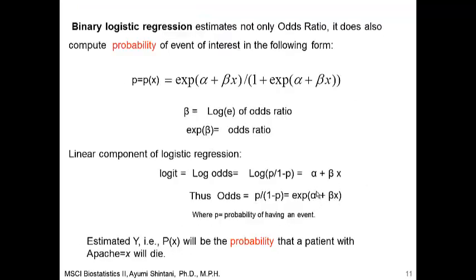Okay, you get alpha when this part disappears, right? So how can we make this part disappear? Plug in 0 here. What is 0? Non-heavy alcohol drinking.